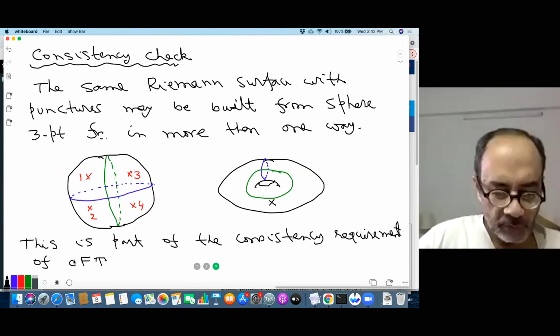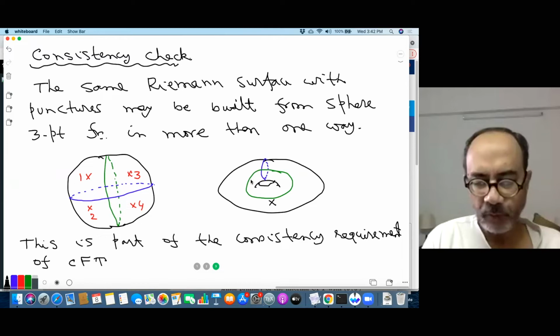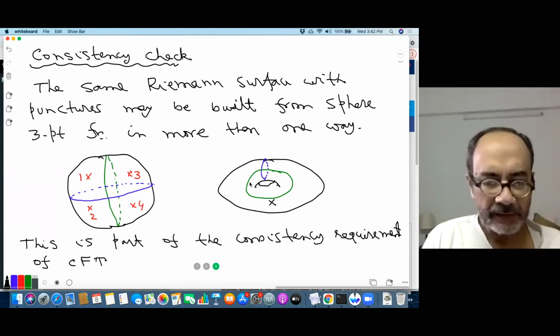If these two procedures don't give the same answer, then we declare that the underlying CFT is not a consistent CFT. So this is known as crossing symmetry. This is known as modular invariance. These are just names for these consistency checks.